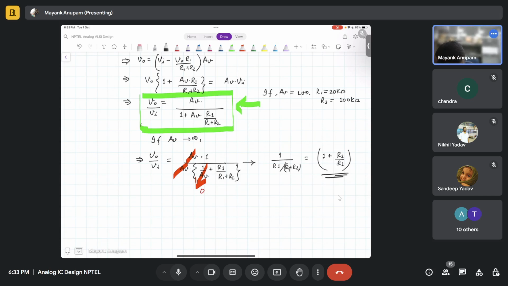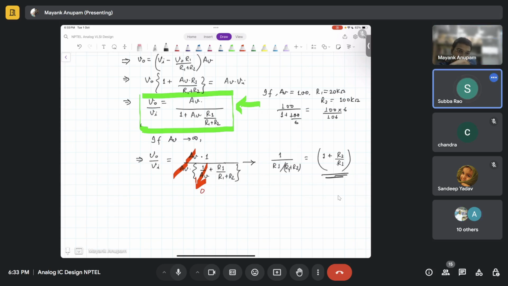So what will it be? 100 divided by 1 plus 100 into 20 divided by 120, correct? So this is 1 over 6. So 100 divided by 106 into 6. How much will this be? 5.66.